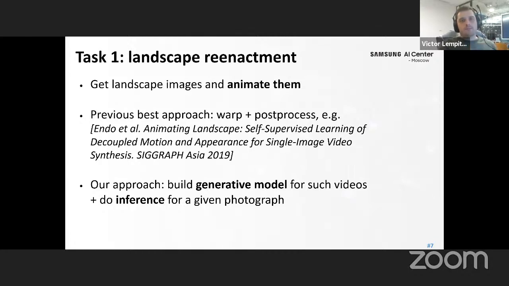The warping can happen in some neural space, not necessarily in color space, but the idea of warping was the main driver of the best of the previous approaches. Our approach will be quite different. We will build a generative model for such videos, and then given a photograph, we will do the inference in this model, so recover the latent representation of a video which can contain this photograph. And this will give us the reenactment.